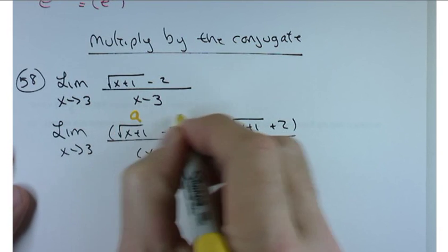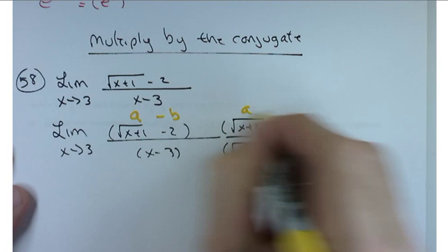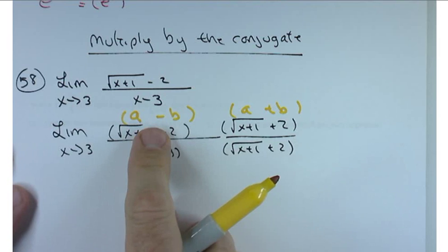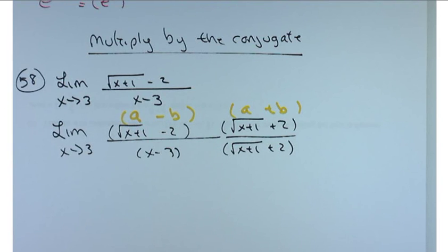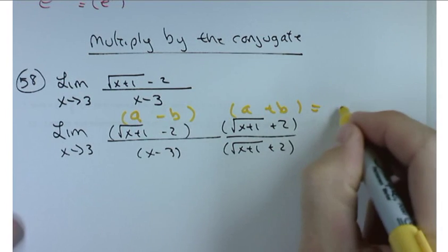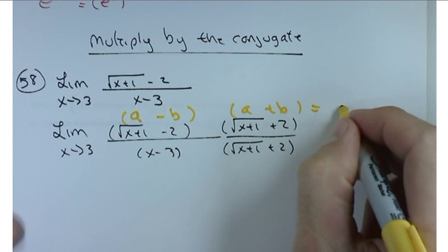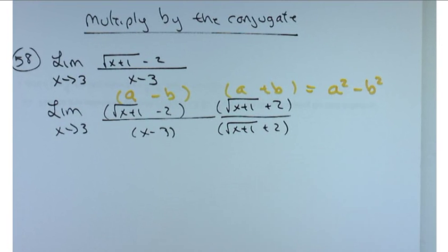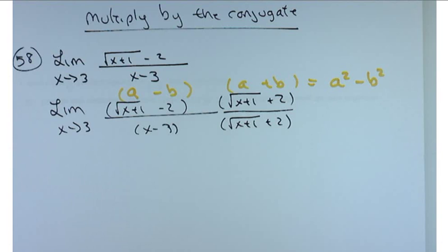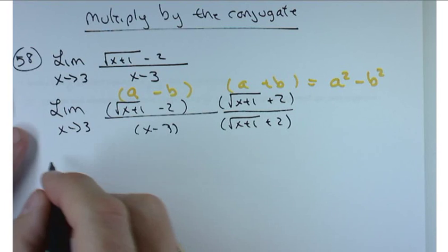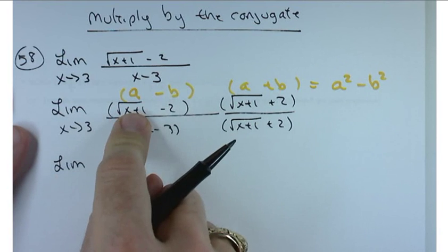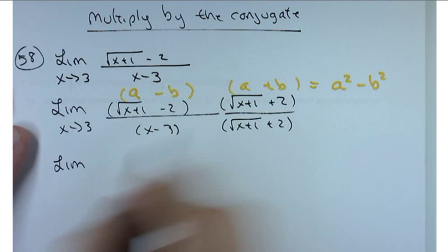This is my a minus b. This is my a plus b. When I multiply a minus b times a plus b, what do I get? A squared minus b squared. So rather than FOILing it all out, let's just go with the shortcut here. Perfect. If you take a and square it, you're going to get x plus 1.